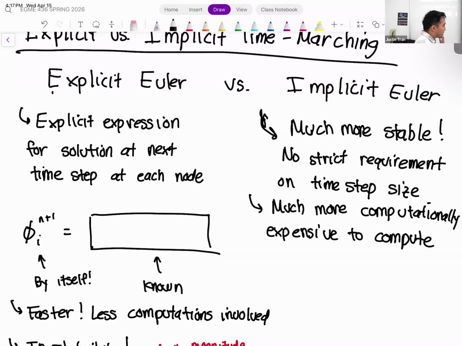If you remember from the last example that we did on Monday, even just to compute the solution for one advancement, one time step in implicit Euler, it required a matrix inversion operation. And that's not uncommon.